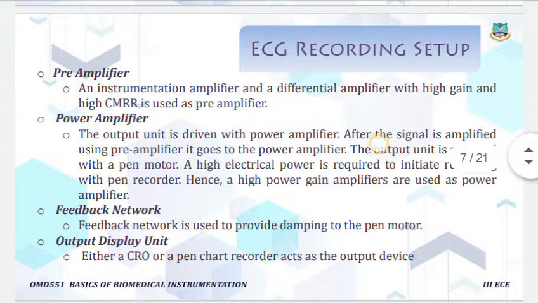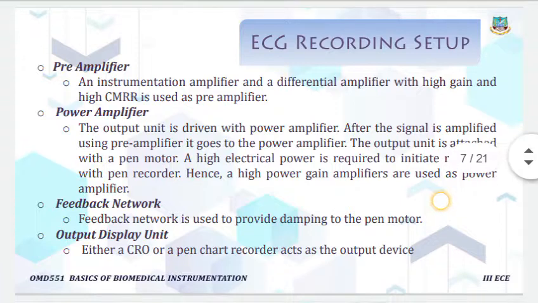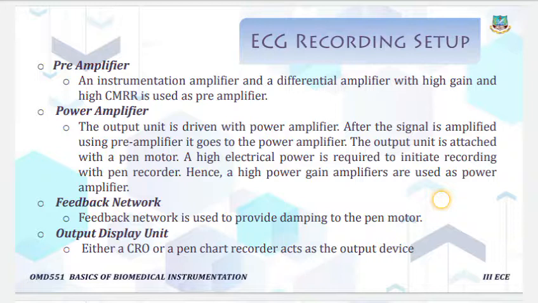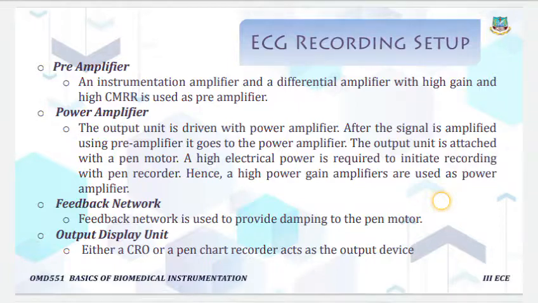Then we are using two amplifiers, the pre-amplifier as well as the power amplifier. These come under the bio-amplifiers. The pre-amplifier is an instrumentation amplifier, a differential amplifier with high gain and high common mode rejection ratio, which we will study in the next unit on amplifiers.